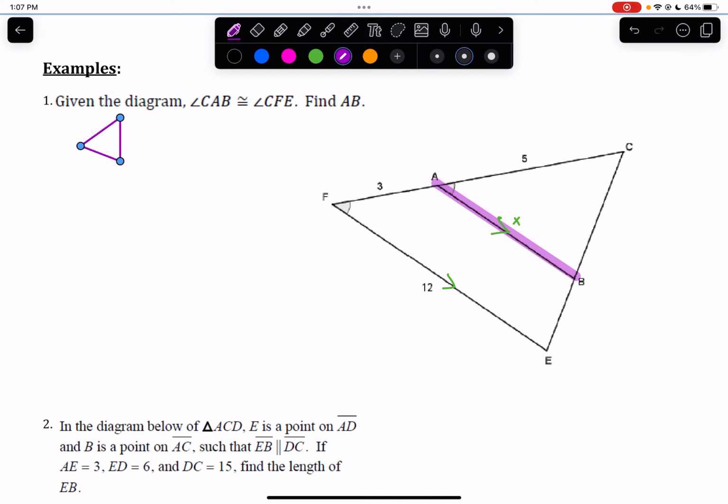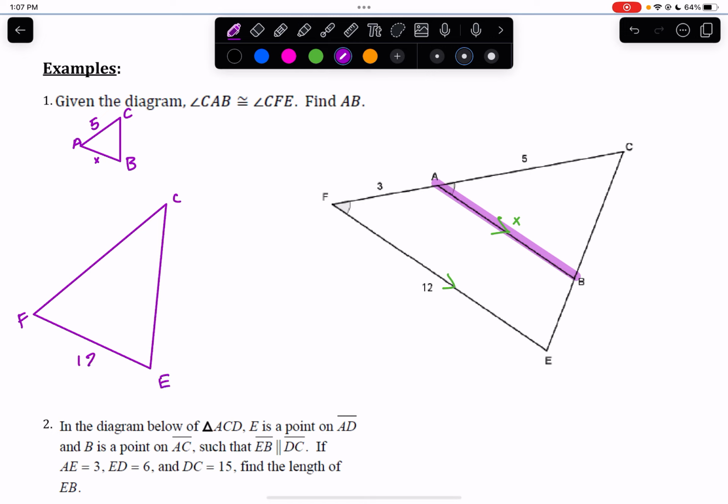So we have 5 and X for A, C, B. And then we're going to have F, C, E with 12, and this entire length is 8.